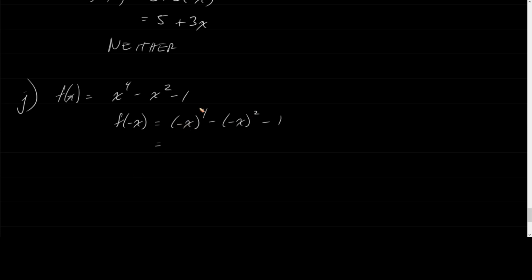A negative to an even power is positive, so I have x to the fourth minus a negative to an even power, which is again positive, so it's just x squared, and then minus 1. Notice that that is just my original function, f of x. So I have f of negative x equals f of x, and by definition, that is even.